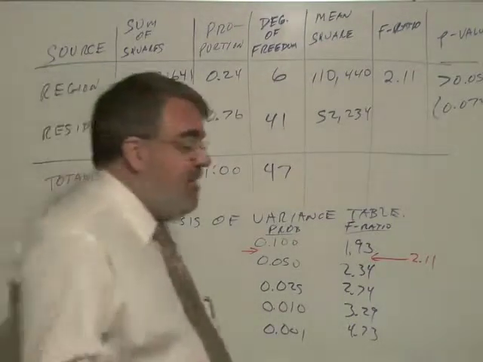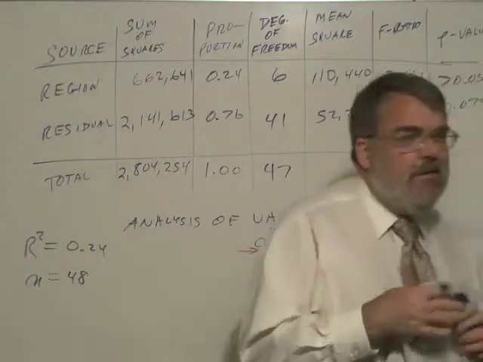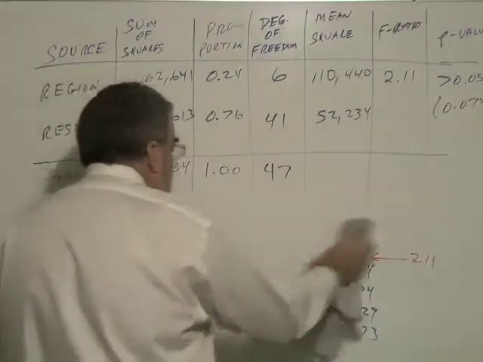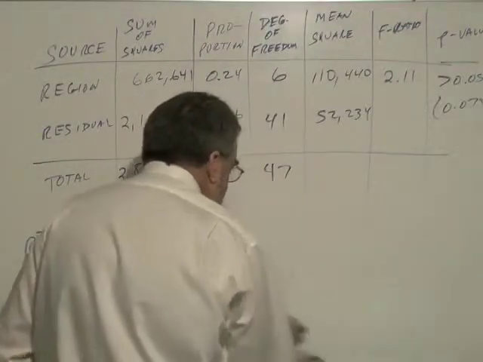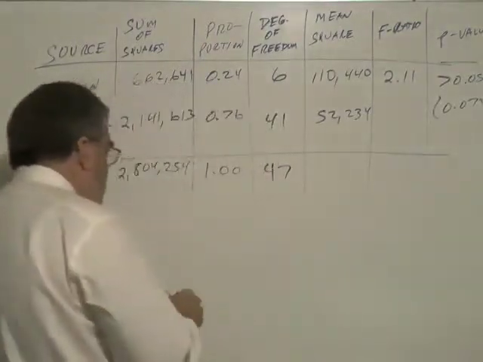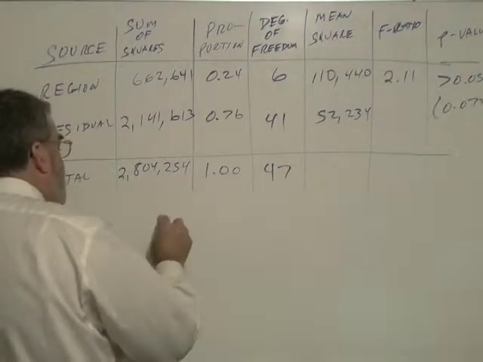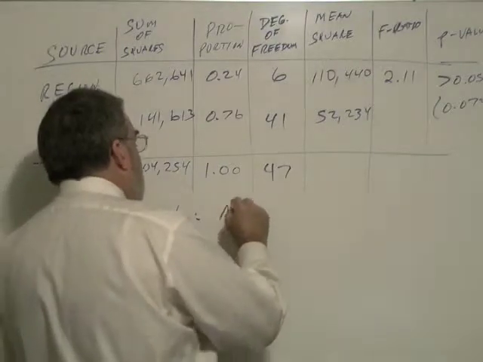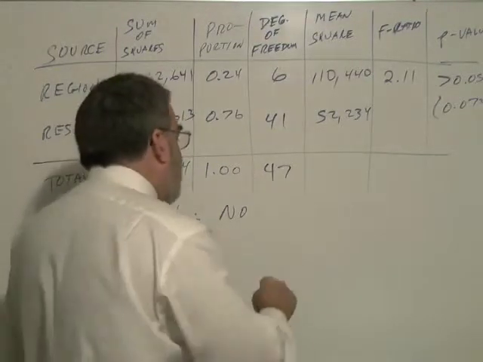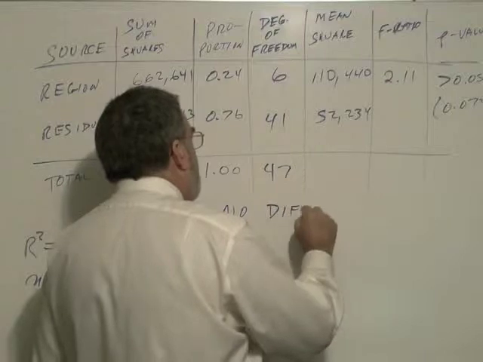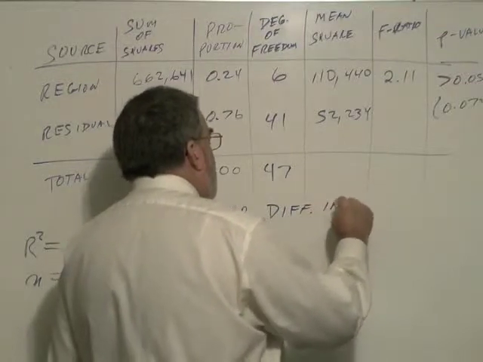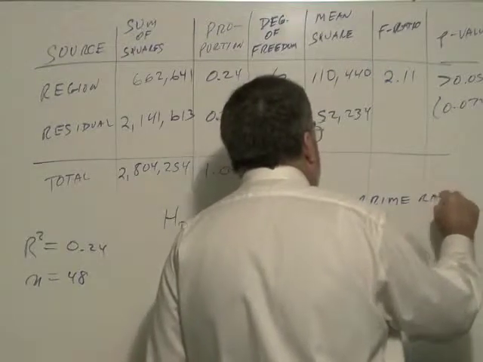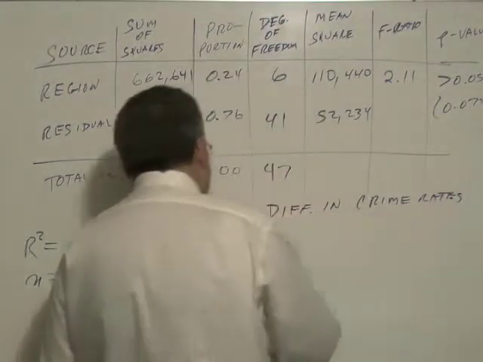Let me write that out in kind of plain English. It's kind of hard to do this with symbols. The null hypothesis for this particular problem is that there is no difference in crime rates among the regions.